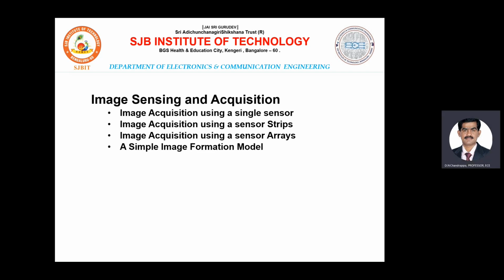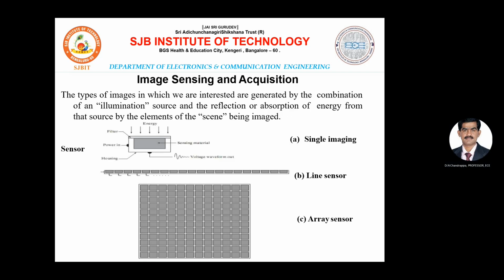Third is sensor arrays. And finally, image formation, that is what we call image formation models. We'll discuss one by one what image sensing is and how to acquire an image.